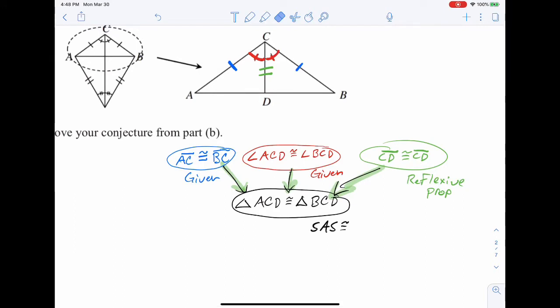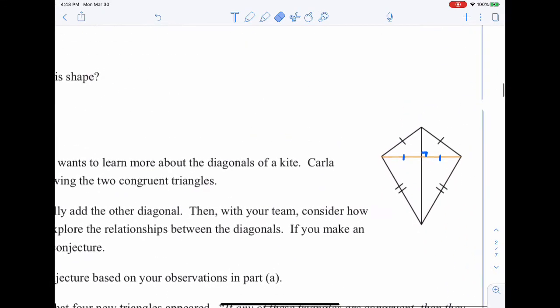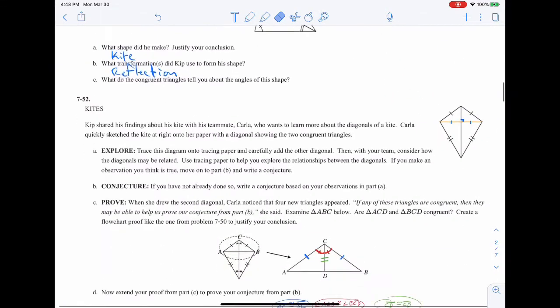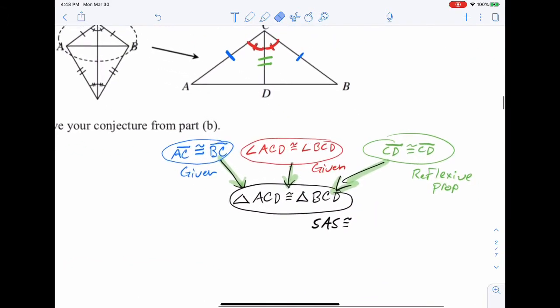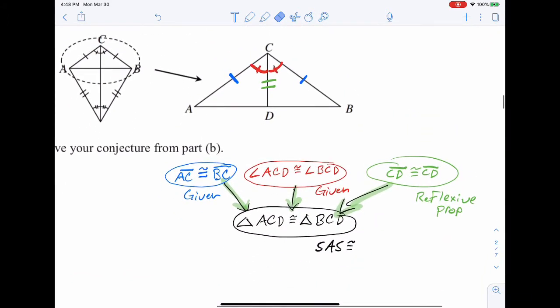All right, now that we've proven those two triangles are congruent, can we use that to try and prove our conjectures that we made up here? Well, in order to do that, we now need to take our conclusion here, and we're now going to make that our new condition, our new if.